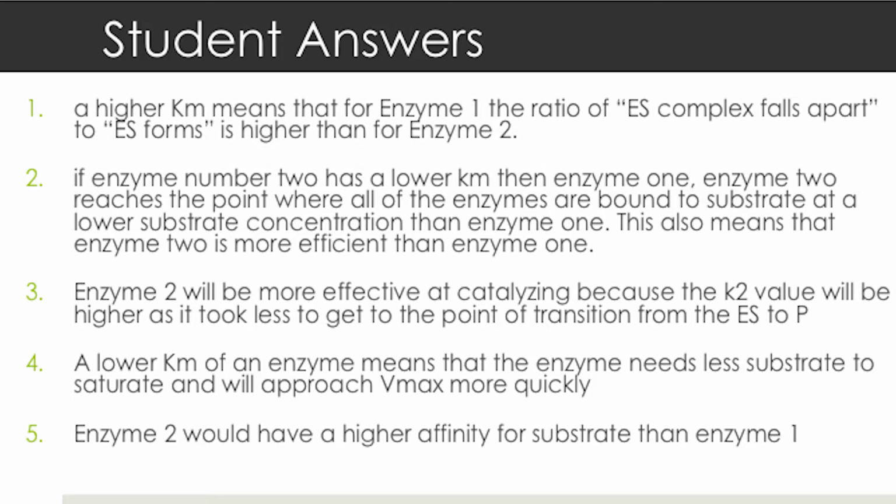Number 3, enzyme 2 will be more effective at catalyzing because the K2 value will be higher, as it took less to get to the point of transition from the ES to P. Number 4, a lower Km of an enzyme means that the enzyme needs less substrate to saturate and will approach Vmax more quickly. And finally, number 5, enzyme 2 would have a higher affinity for substrate than enzyme 1.